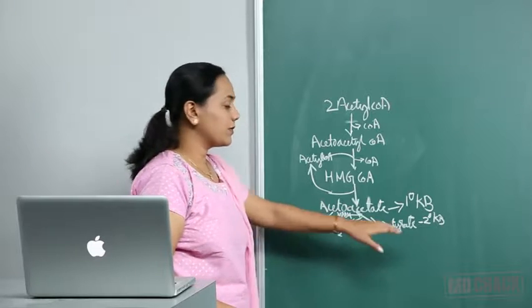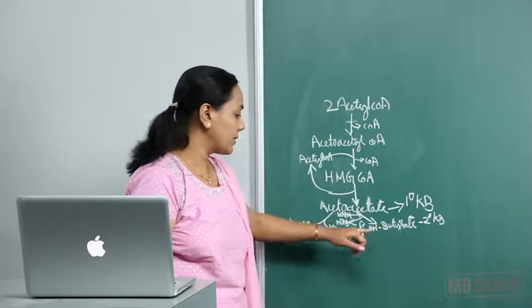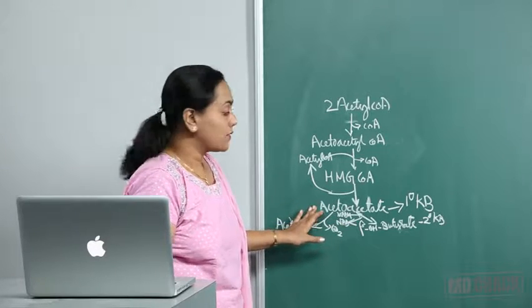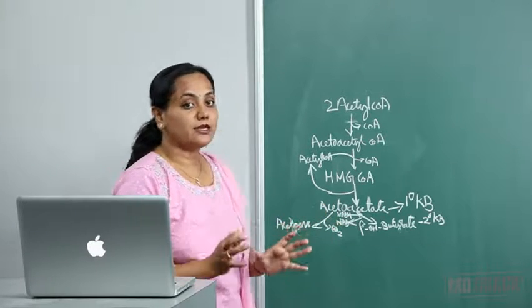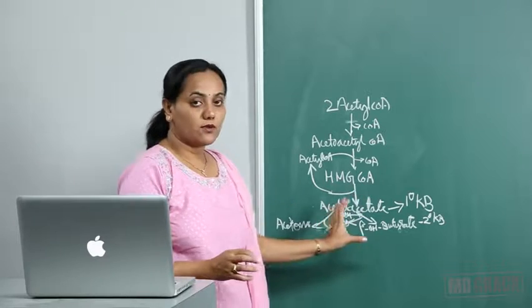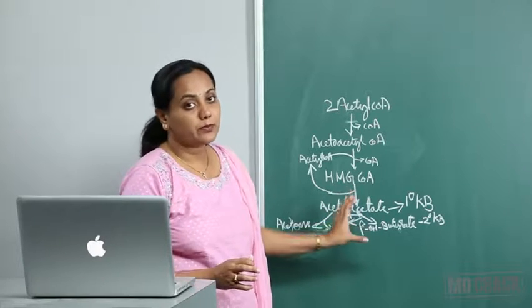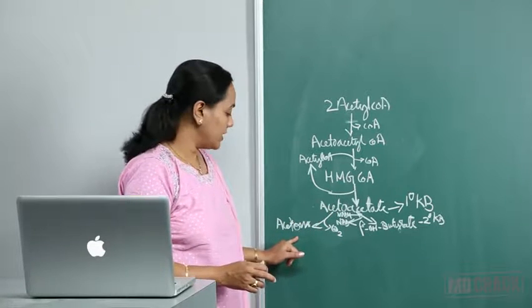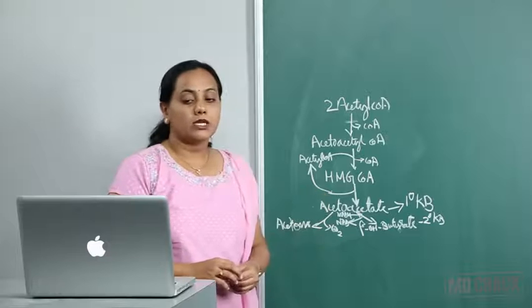If NADH is more, beta-hydroxybutyrate is formed. If NAD+ is more, acetoacetate formation is more. So depending upon the redox status of the cell, one form will predominate, and it can just undergo spontaneous decarboxylation to form acetone.